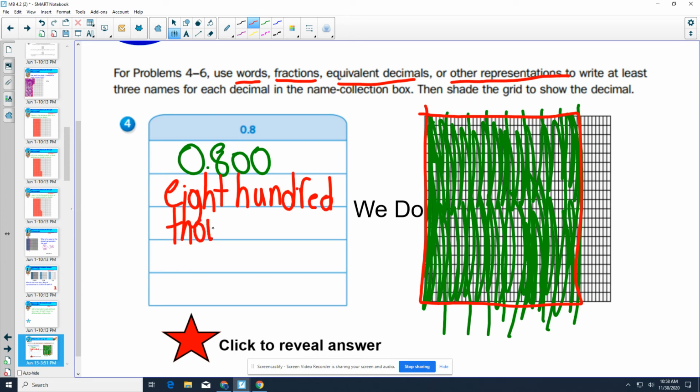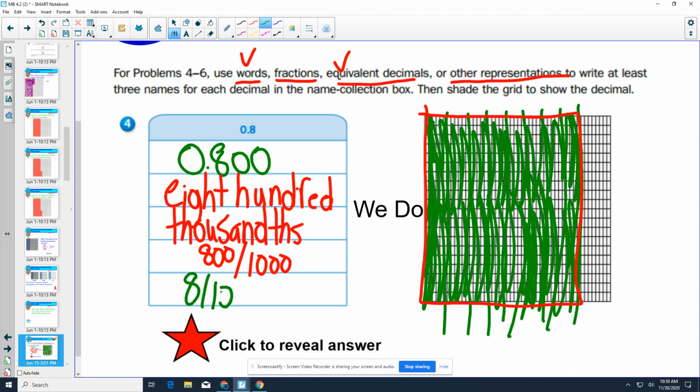And you want to really fit it all in the same box there. My writing's just a little bit bigger. So let's see, I did word form, I did equivalent fraction. I could write this as a fraction. I could say 800 thousandths. I can also write it as 8/10. And there's many more representations we could do there.